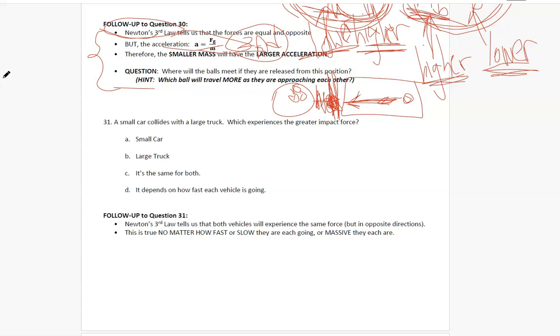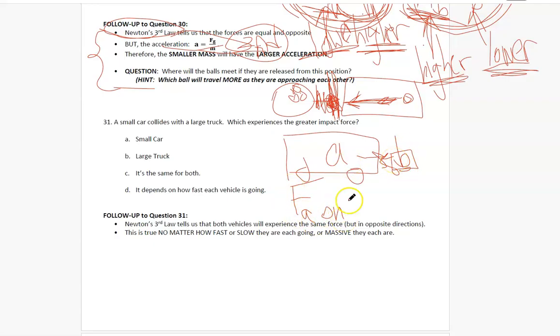Well, if we have a big truck and we have a little car and they collide into each other, if we call the big truck A and we call the little car B, the force of A on B is exactly equal to the force of B on A. That is Newton's third law. I'm going to say it over and over again. They're just in the opposite direction, so we'll just put a little negative sign there. They are going to be the same.